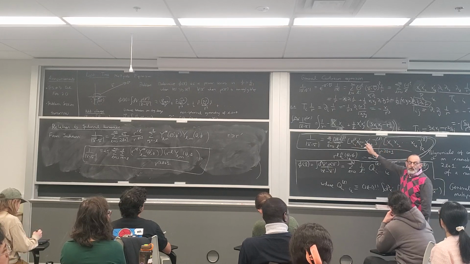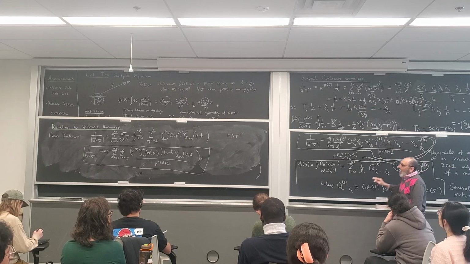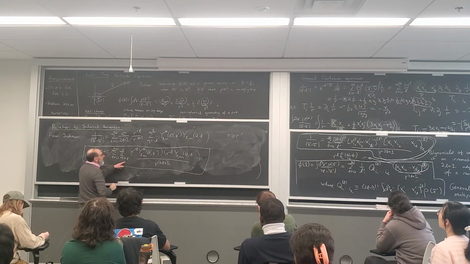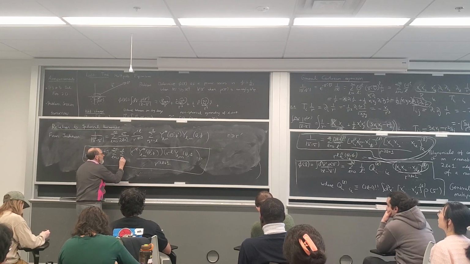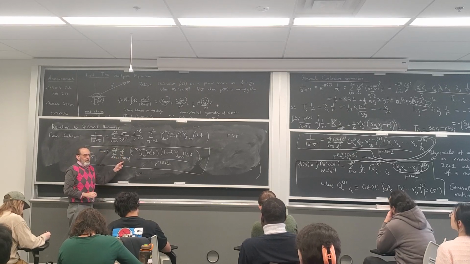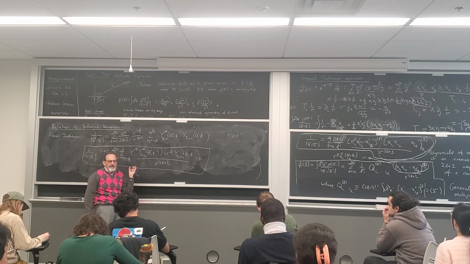Let me just finish and I'll get your question. In this sum, right? How many terms are here? M goes from minus L to plus L. There are 2L plus 1 here. They're the same thing.